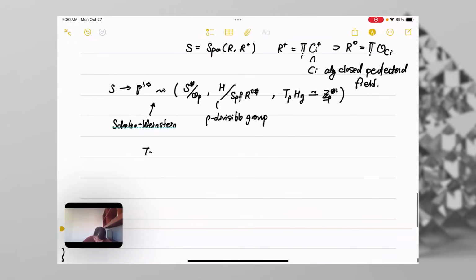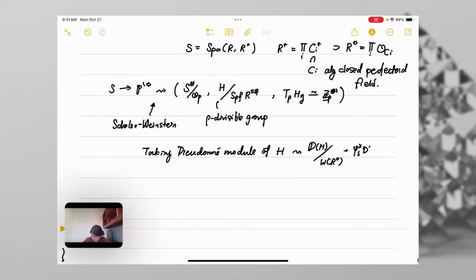And so given such data, if we take the Dieudonné module of H, then we get a finite projective module over the Witt vectors W(R°), together with the Frobenius semilinear endomorphism.